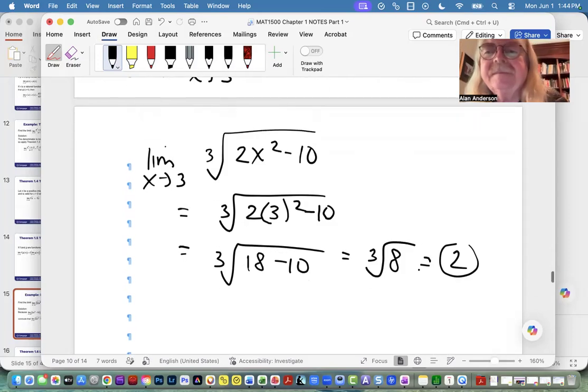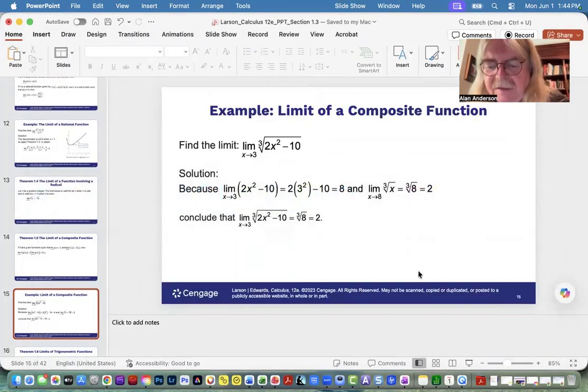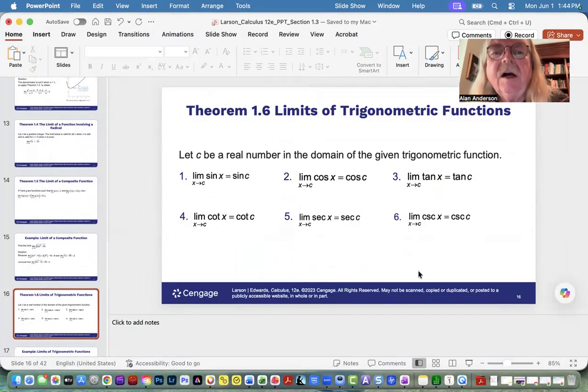Okay. So, trig functions. But you know what? Again, if you notice in every single one of these cases, you're literally just replacing the x with a c. So they're not complicated at all. That's a relief.